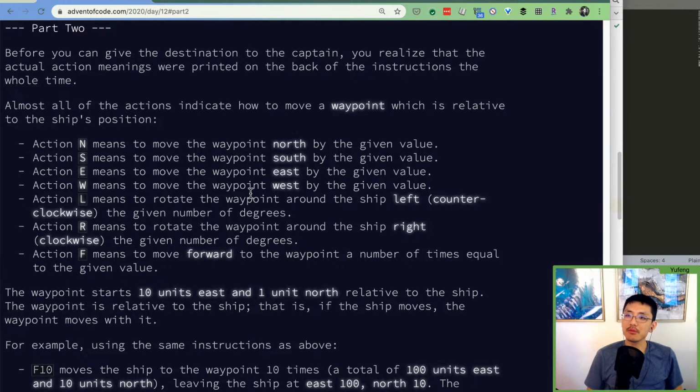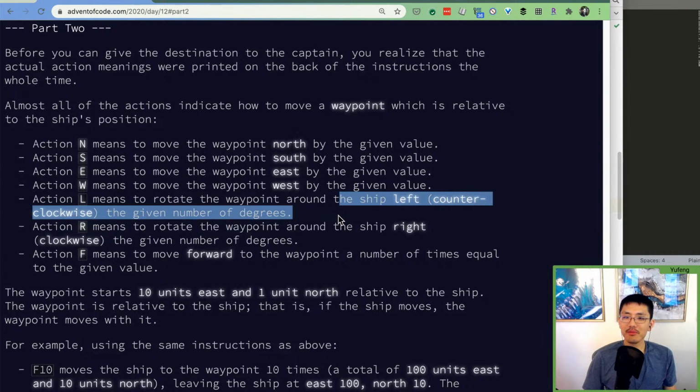Action N means to move the waypoint north. Oh, we're moving a waypoint. Rotate the waypoint around the ship left. Rotate the waypoint around the ship counterclockwise the number of days, right? Move forward to the waypoint a number of times equal to the given value.